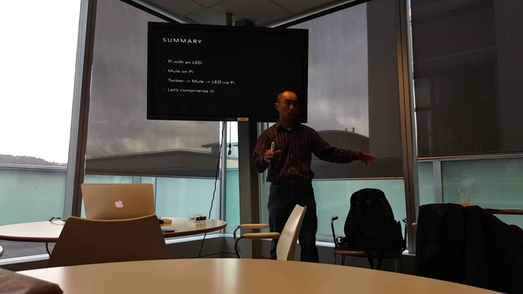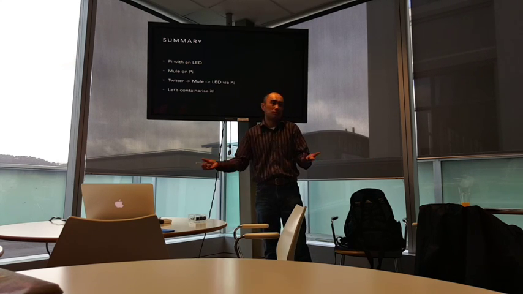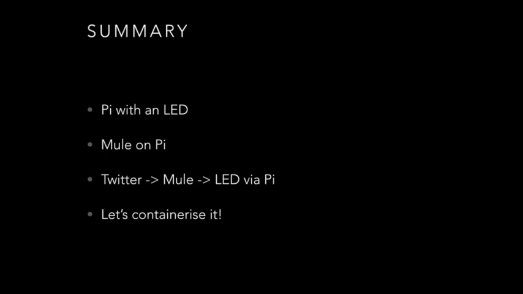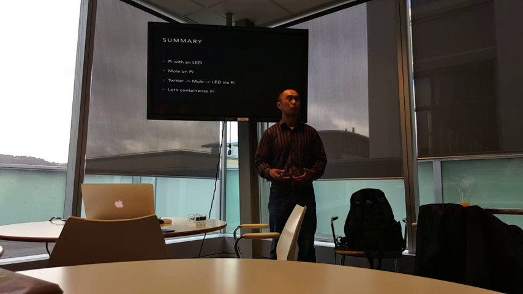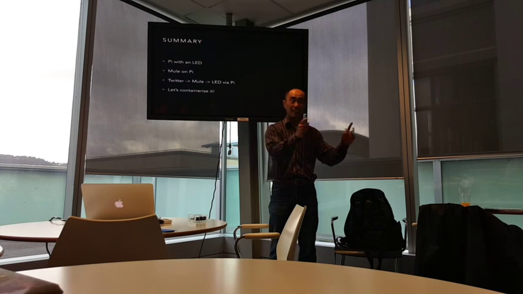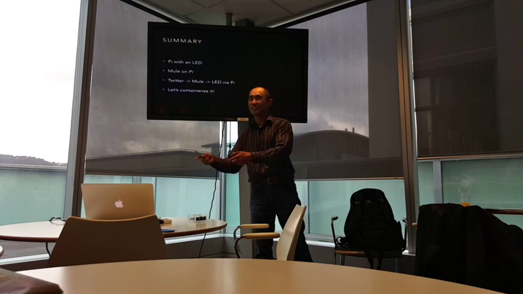And then I thought, well, let's combine them together, and then let's send the information over the internet with, why not use Twitter? It could have been anything, really. And then obviously, containerization for ease of deployment in the future would be a further step as well. So that's my story of turning on an LED on a Raspberry Pi with Mule via Twitter.